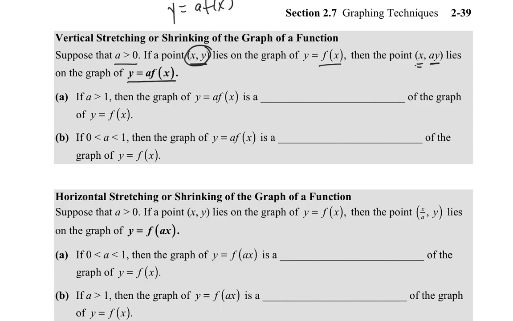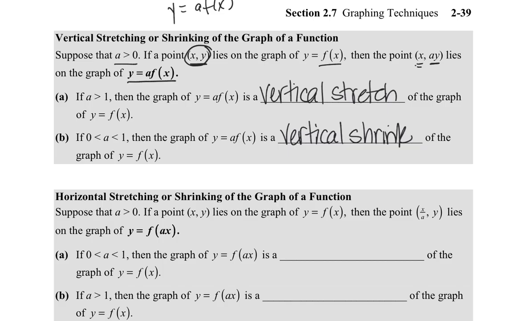So if A is greater than 1, this is going to be that vertical stretch. And then if A is between 0 and 1, this is going to be a vertical shrink or compression, depending on the textbook. You're smushing it. You're making it smaller.